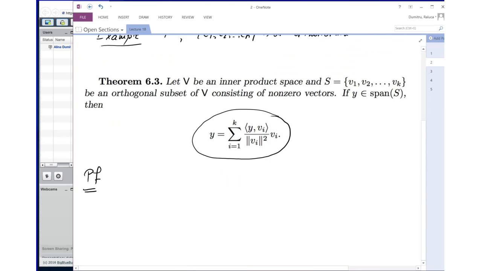We're not assuming that this S is a basis, so we just take an inner product space V, and S is an orthogonal set. And then you just take a vector y in the span of S. Of course, this extends to the idea of S being a basis; the span would be the entire space. But, okay, let's see why it is like this.